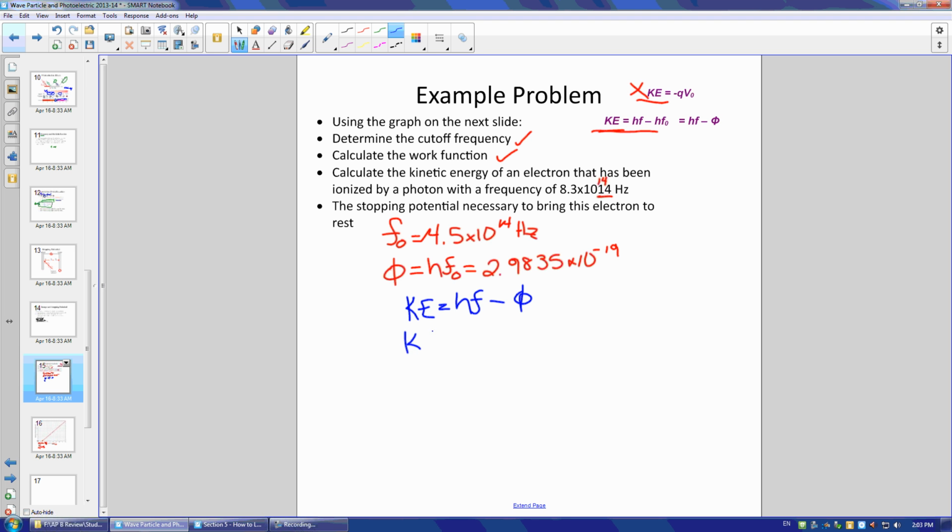So my kinetic energy is equal to h times my incoming frequency, which in this case was 8.3 times 10 to the 14th, minus phi, which I found there.